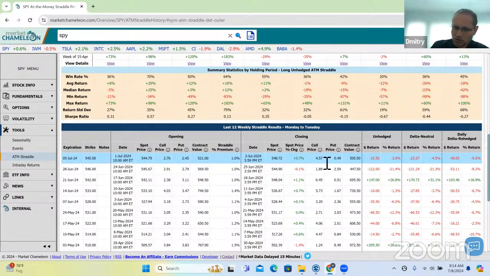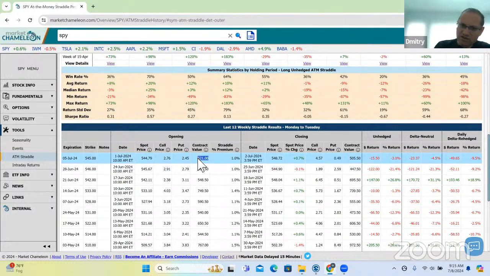So the call, right, increased in value from 276 to 457, but the put decreased from 245 to 49 cents. So it didn't go to zero because the straddle probably still has time premium. It didn't expire that same day, but it did decline in value, right?